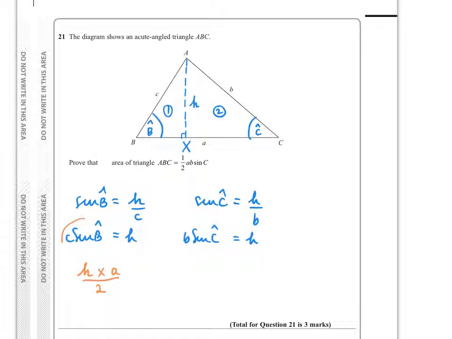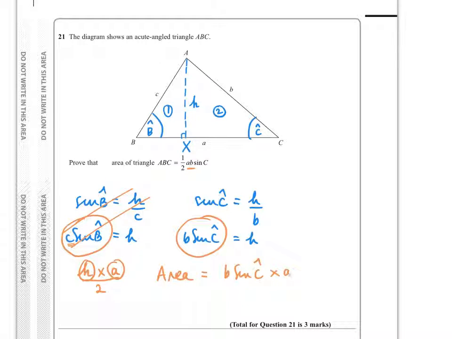So we've got a few different options here, but we want the option involving the a and the b. So we're not going to look at this option because it involves the c here. So all we've got to say is the area is equal to h, which in this case is b sine c, times a halved. And that's exactly the same as just writing ab sine c, half of it.